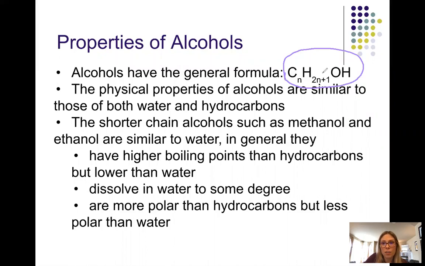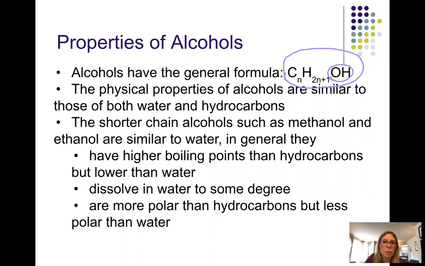Think of the last two, where on alkanes you would have those last two hydrogens. Only one of them is going to be a hydrogen, and the other is going to be our hydroxyl group that makes our compound an alcohol.